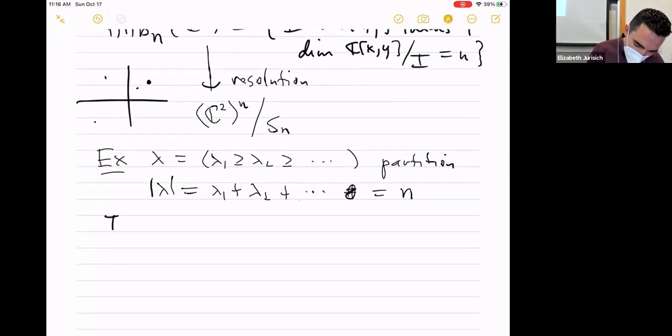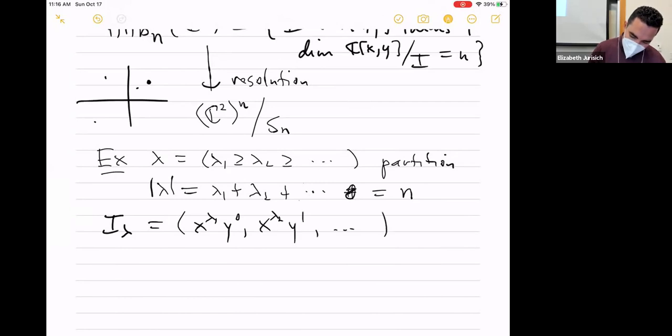So there's an ideal I lambda, which is a monomial ideal. So it's generated as an ideal in the polynomial ring in two variables by x to the lambda 1, y to the 0, x to the lambda 2, y to the first, and so on. And so this is an element of Hilb n.